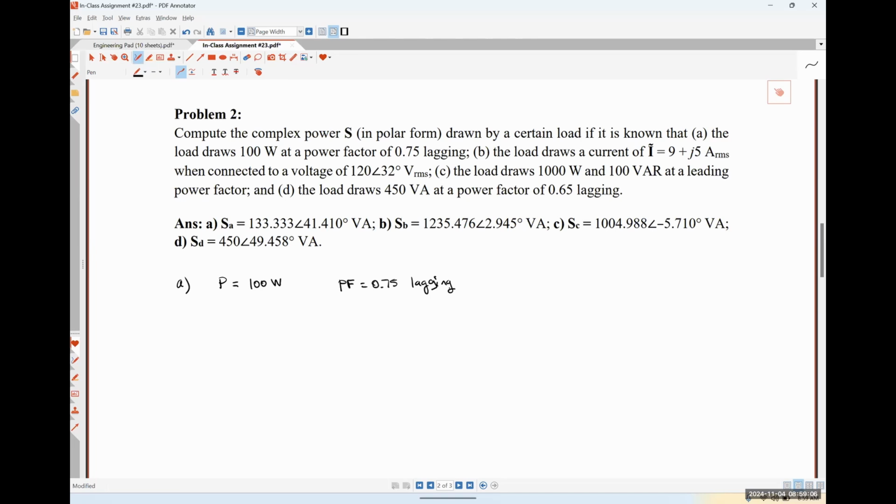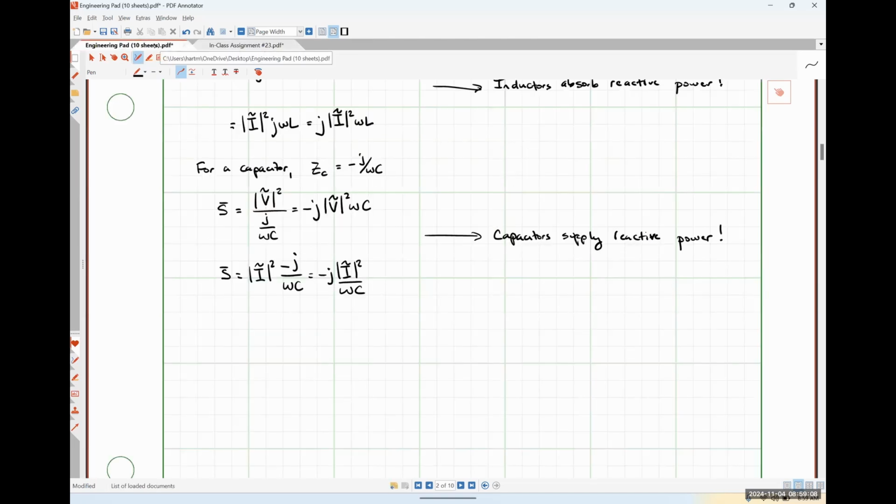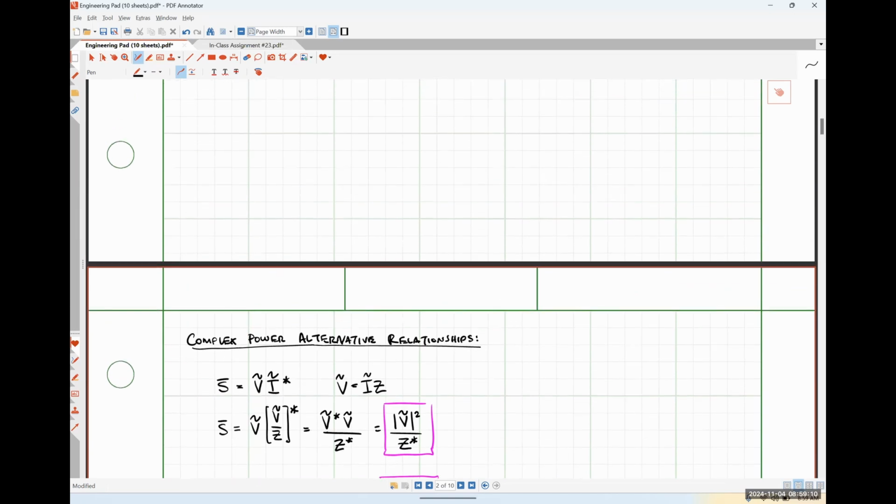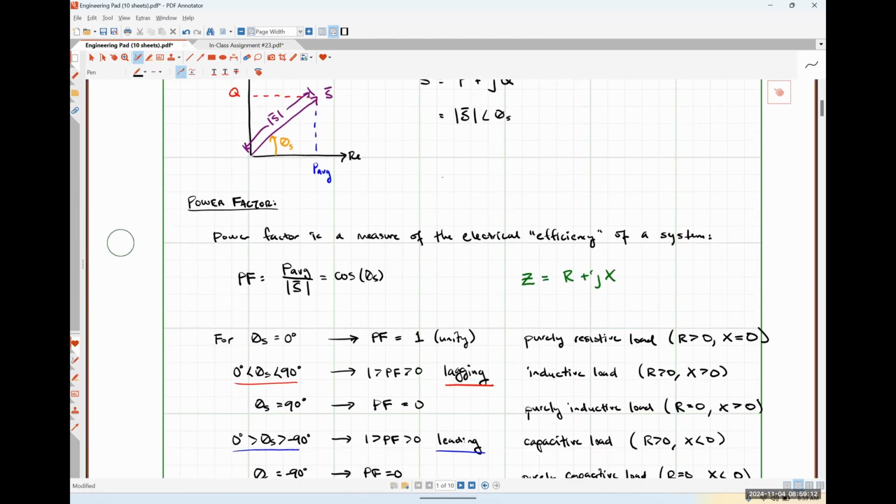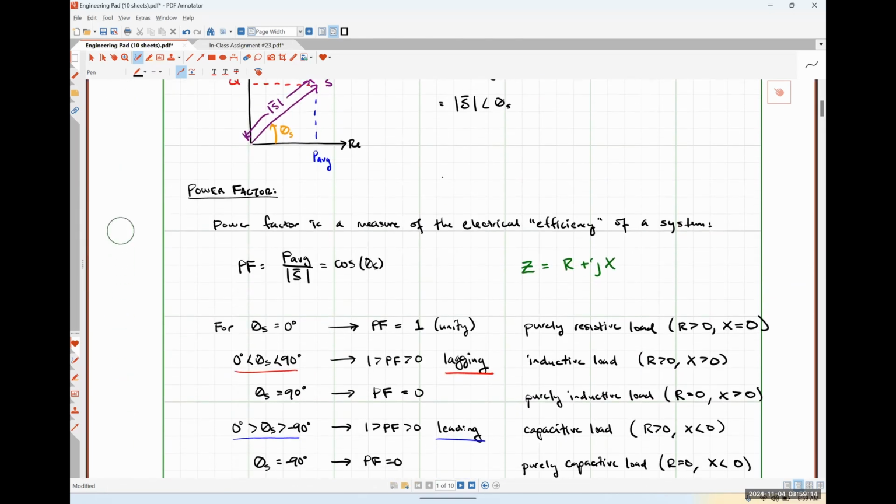So with just those two pieces of information, I'm expecting us to be able to compute our complex power. Let's look back and scroll up to our mathematical relationships for power factor. Power factor is the ratio of the average power to the apparent power, and that is equal to cosine of our power factor angle. Let me put a box around it because it's rather important.